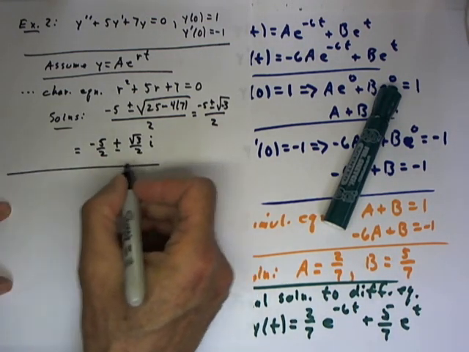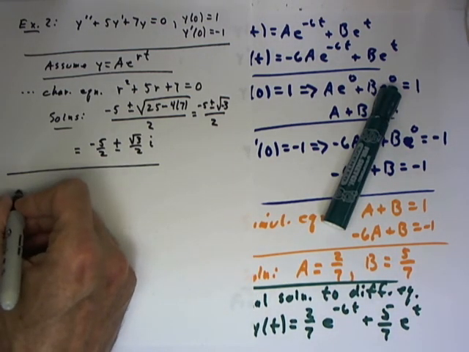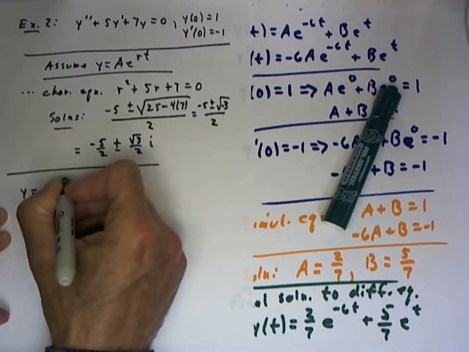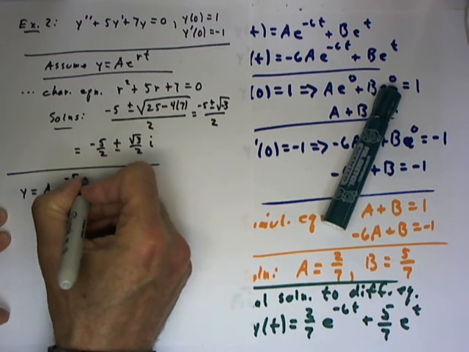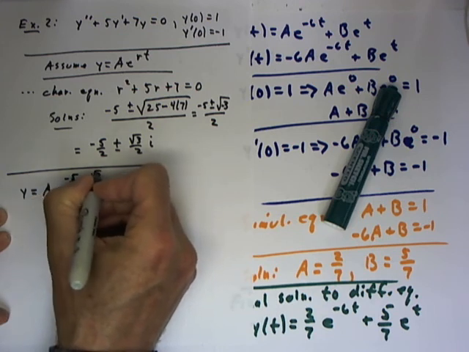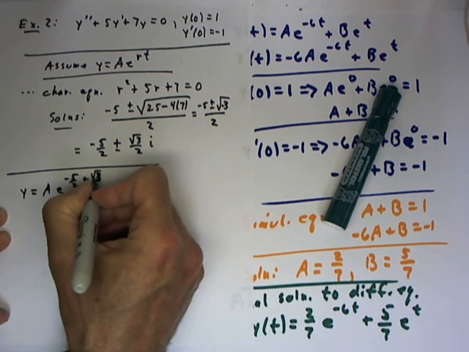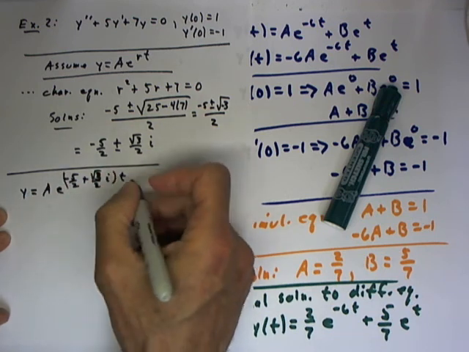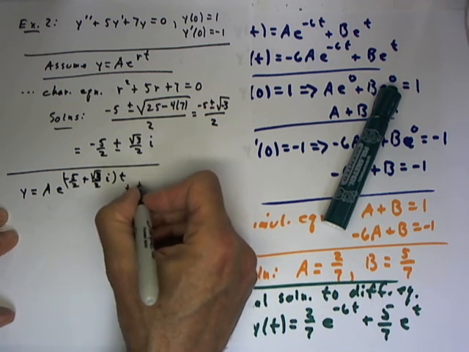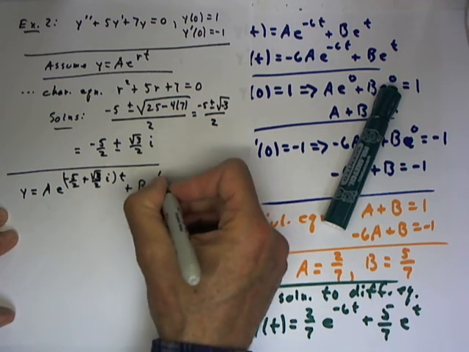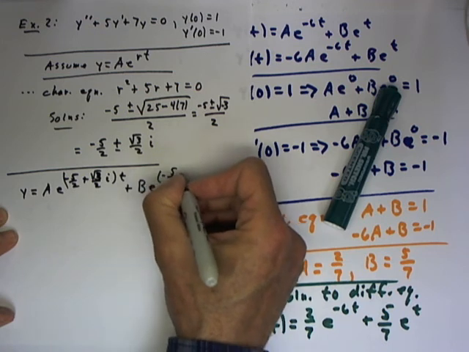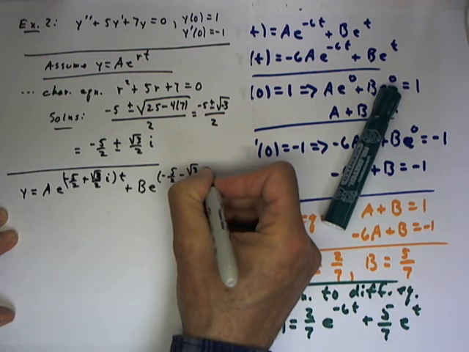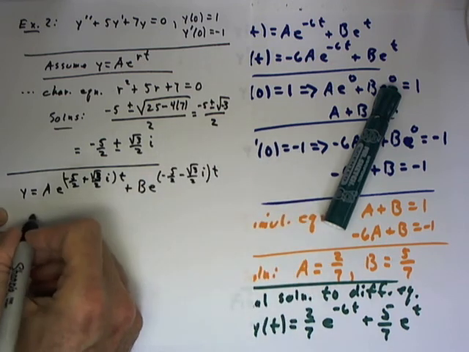From this we find that y is going to then be a e to the quantity negative 5 halves plus the square root of 3 over 2 i, multiplied by t, plus b e to the quantity negative 5 halves minus the square root of 3 over 2 i, multiplied by t.